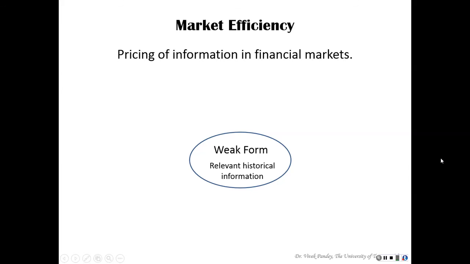So when you're looking at, say, charts and graphs of historical stock prices and volumes, right, and you try to use those to predict the future path of stock prices, well, it wouldn't work in weak form efficient market because all that past information is already priced in, right?